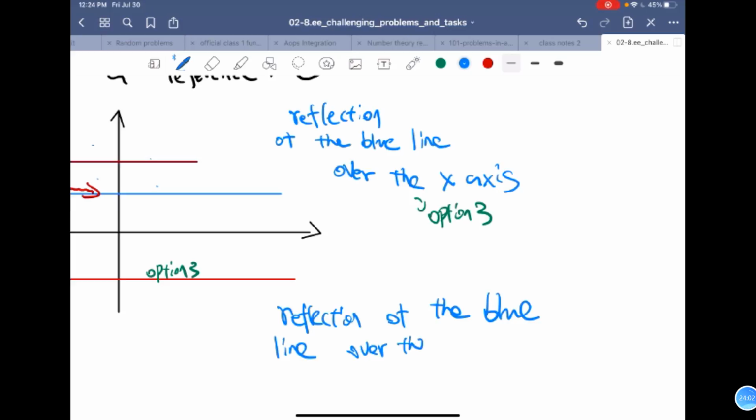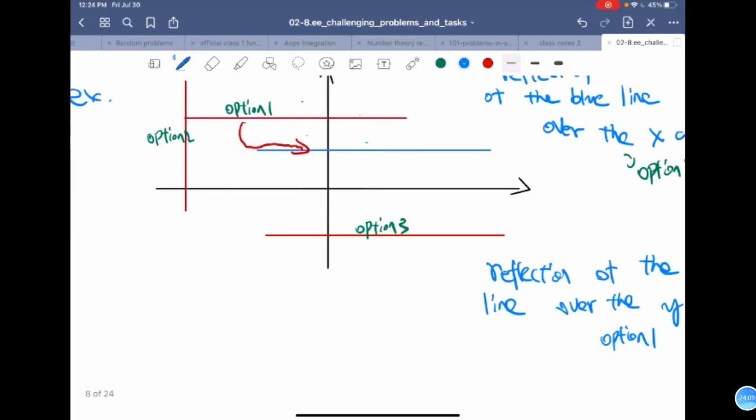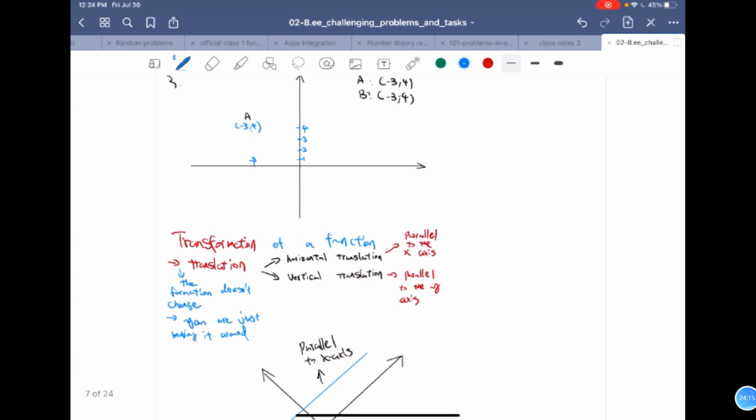Over the y-axis, it's option 1. No. Notice that this has to be collinear, meaning that it's on the same line. Sorry for this.